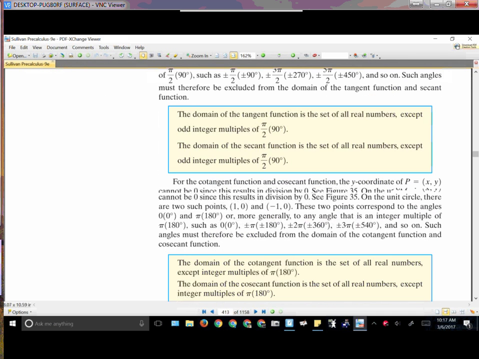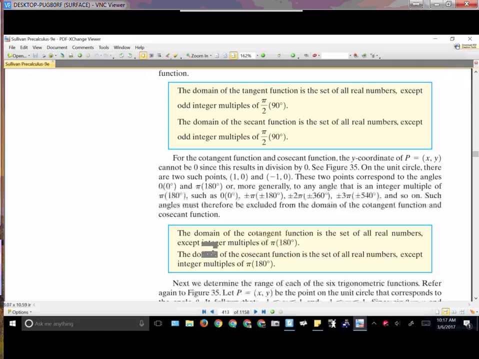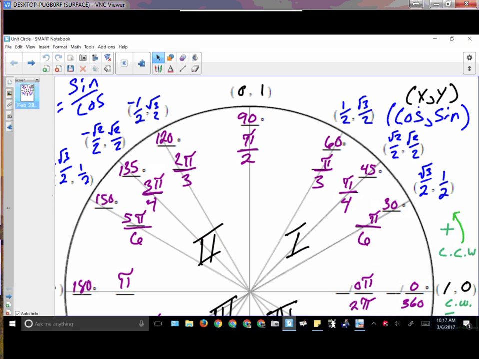So now, the domain of a tangent function is always going to be based on this idea of multiples of pi over 2. If we think about this in terms of the unit circle, when we're looking at sine over cosine, and cosine being x, wherever x is 0, we're going to have a problem.